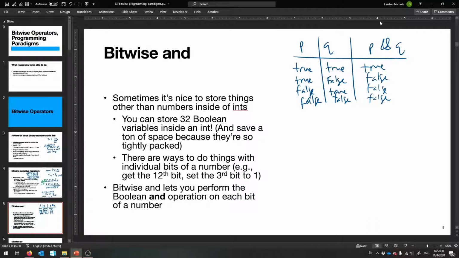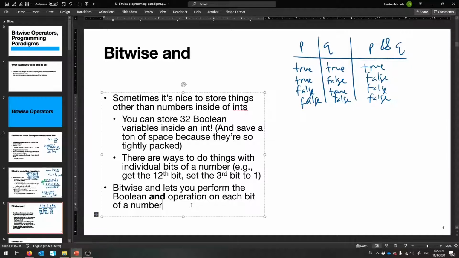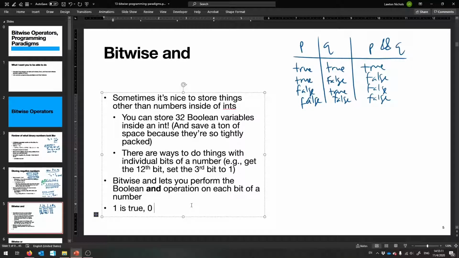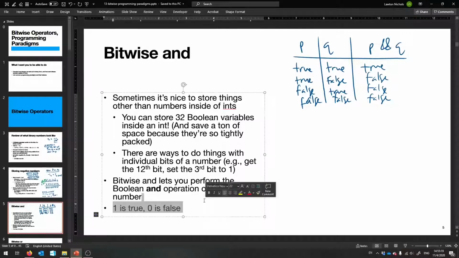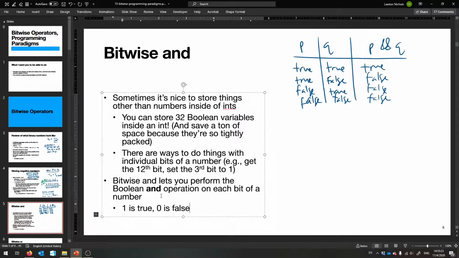But also remember that each digit of a number, you can imagine, is true or false. Each bit, like 1 is true, 0 is false. For as far as this operator that I'm about to show you is concerned, bitwise AND looks like this.